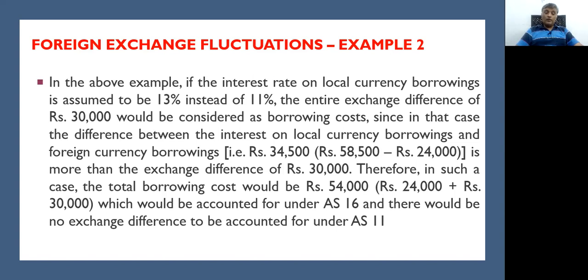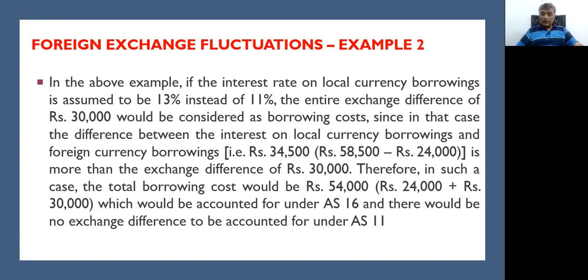But how are we going to account for the exchange difference? Now we need to compute, right? They say the entire exchange difference of 30,000 would be considered as borrowing cost, since in that case, the difference between the interest on the local currency borrowing and that of the foreign currency borrowing is 34,500. So you can actually work out. If you work out the interest on the local currency borrowing, you will get 58,500 because it is not 11%, it is 13%.